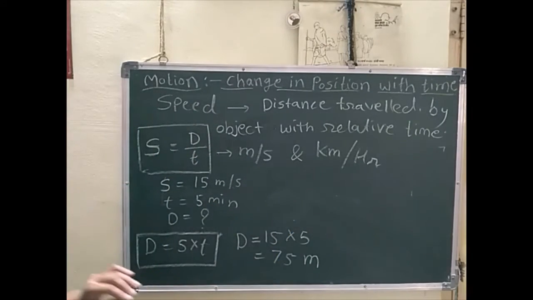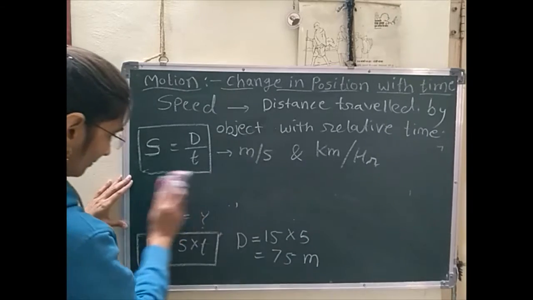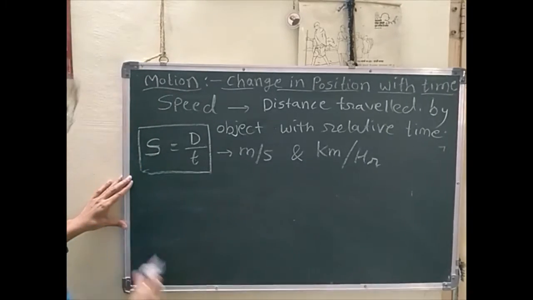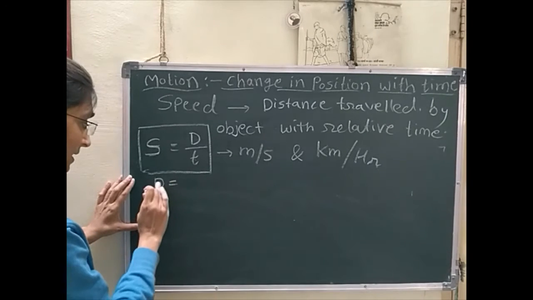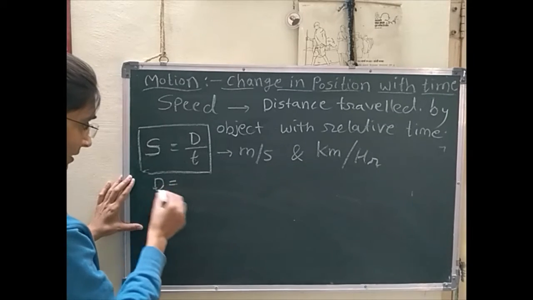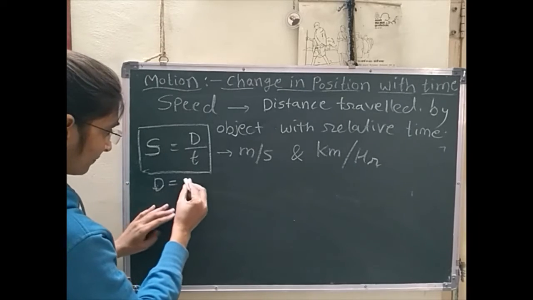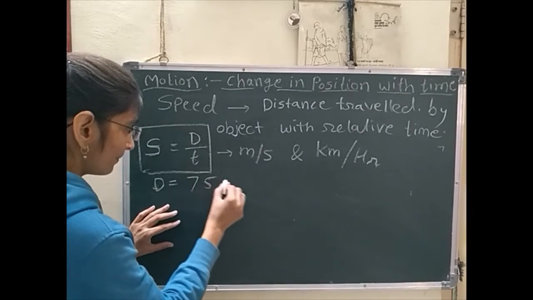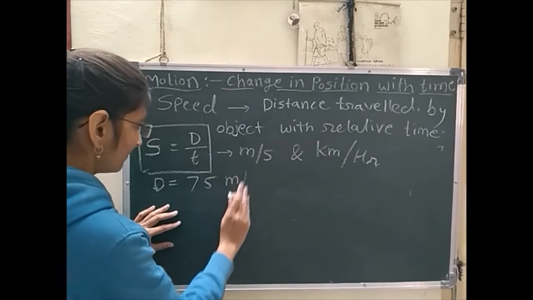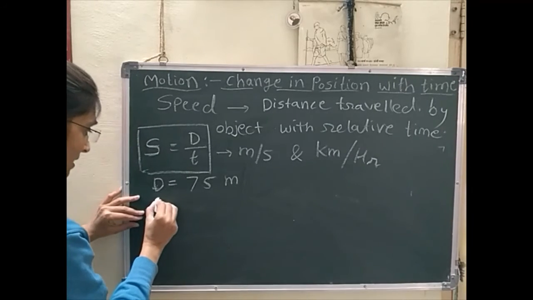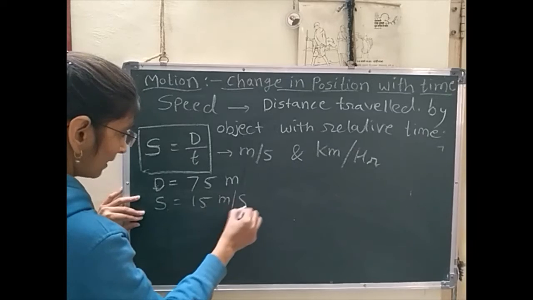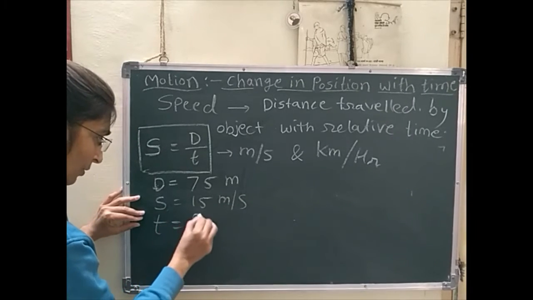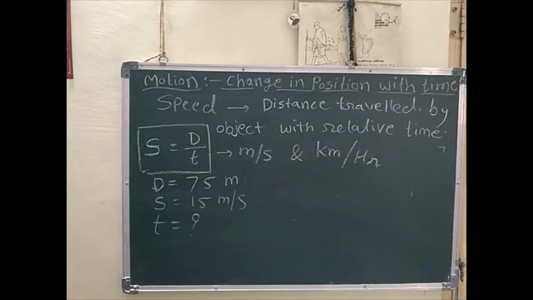Another example I will take. Suppose distance is given, the same example, 50 meters, and speed is given as 50 meter per second, and we have to take out time. How can we take that out?